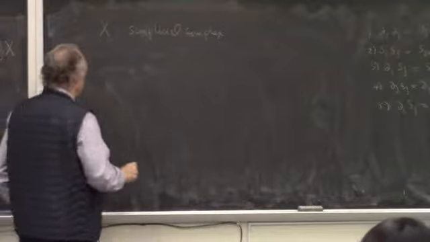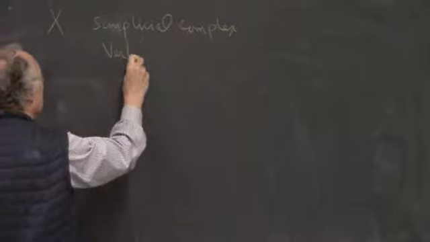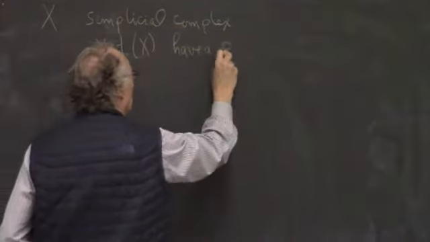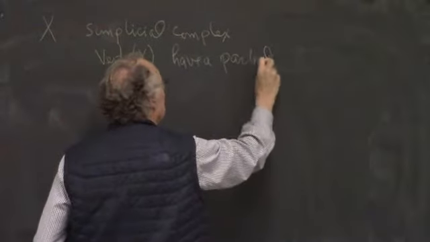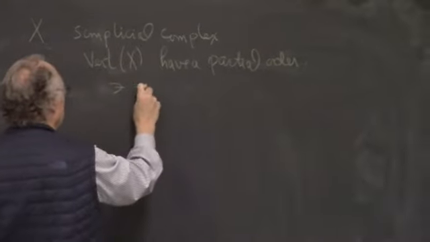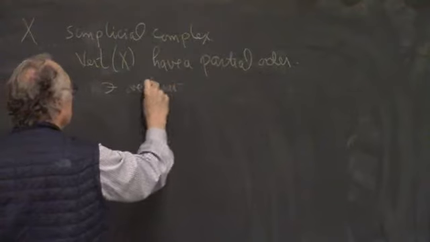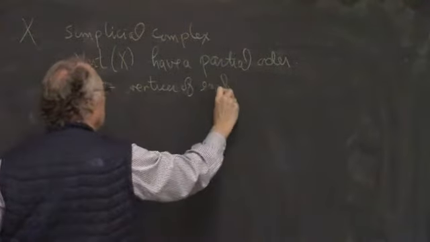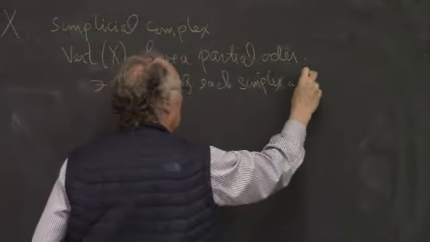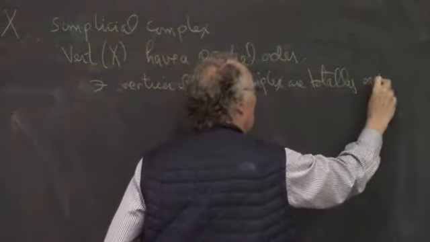And there's a partial order on the vertices, with the property that the vertices of every simplex, each simplex, are totally ordered by this partial order.